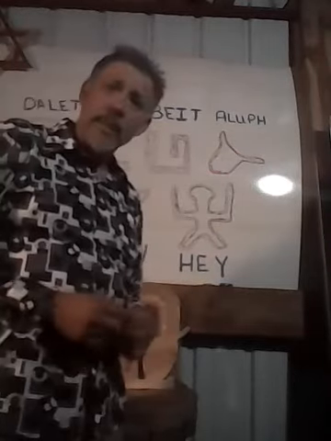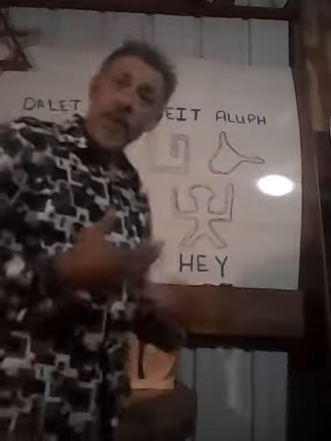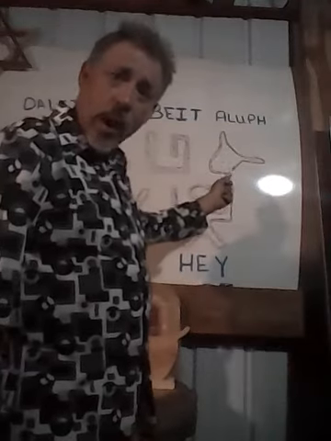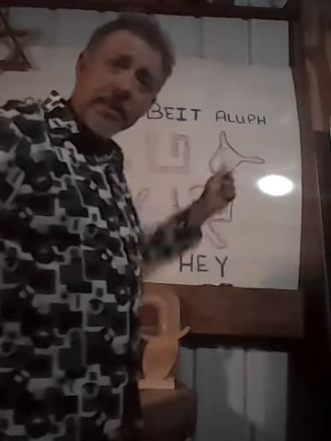Okay, now, as you see, I have the Aluph written right here. It's the same picture of the ox. And it means ox. And it's the leader. It's the very first picture. So the Aluph is Yahuwah, and he is the leader. He's leading the rest of all of these letters and pictures.